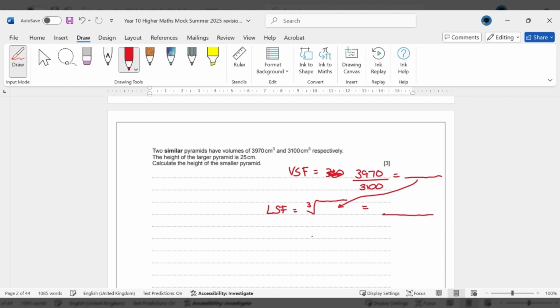Again, quite a few decimal places. Then the height of the larger pyramid is 25. So the larger one has a height of 25. What's the height of the smaller one? So I'd be dividing that by my length scale factor. Okay, I hope that does make sense.